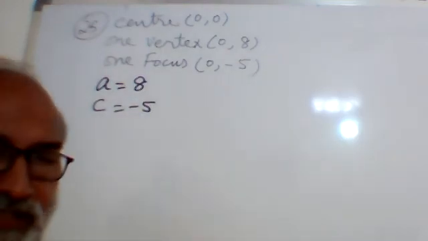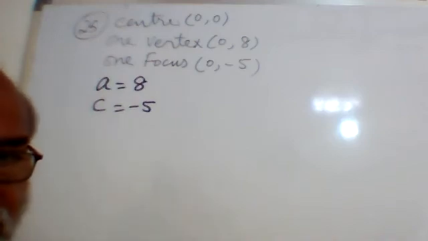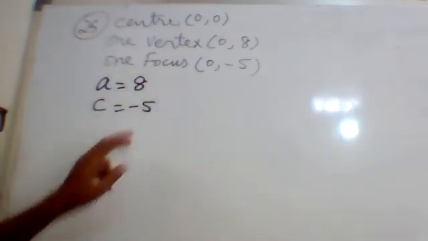So the distance from center to the focus is called C. Center to the focus is C. Center to the vertex is A.